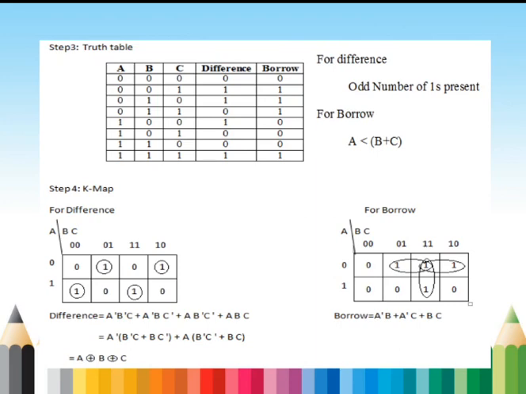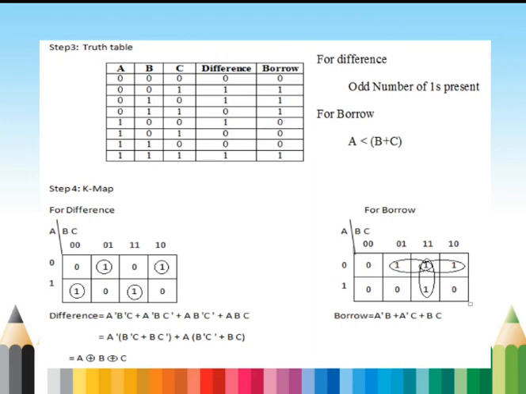And it satisfies the condition for borrow, that is A is less than the sum of B and C, hence borrow is also 1. For input 0, 1, 0, again an odd number of ones is present and it also satisfies the condition for borrow, so both difference and borrow become 1.